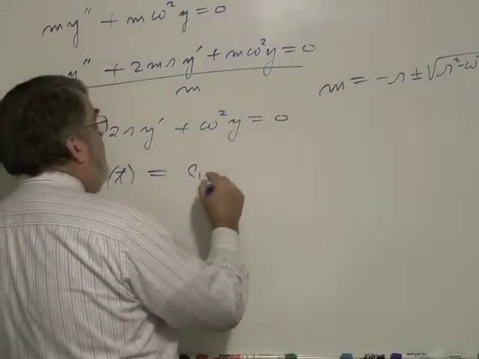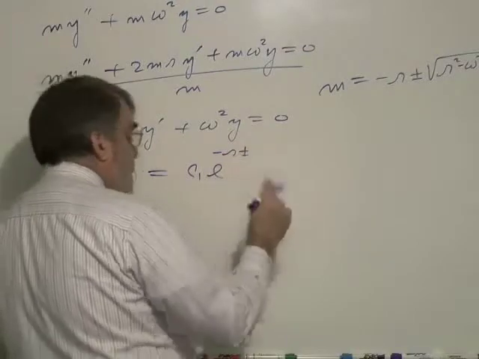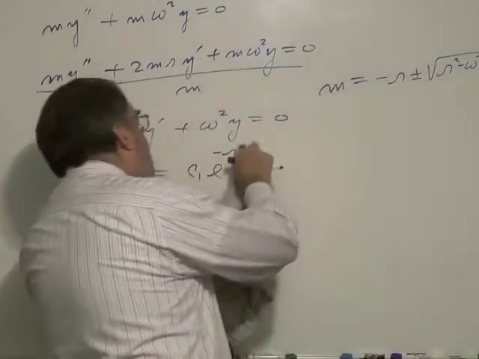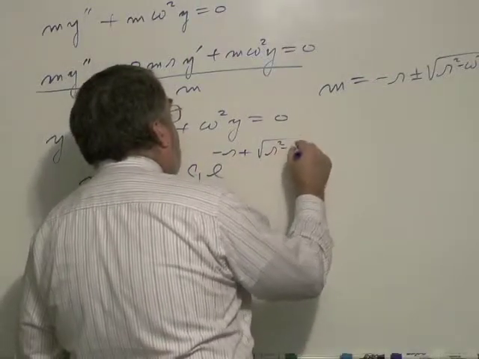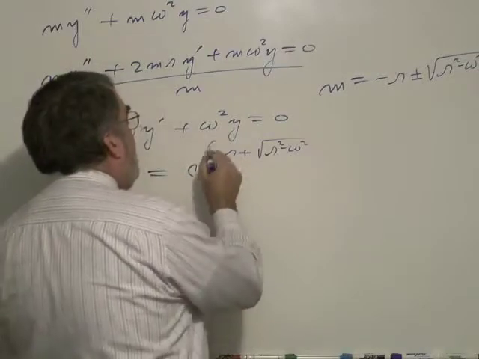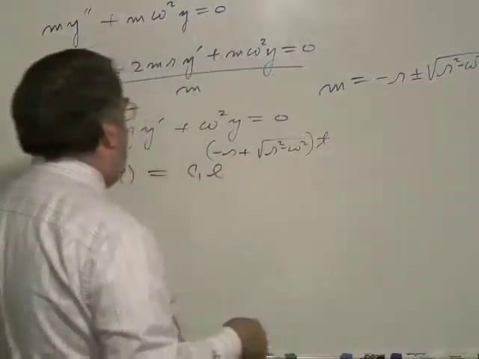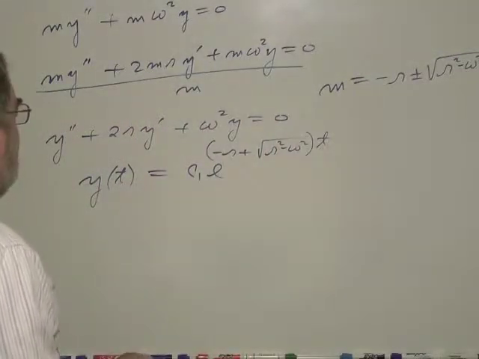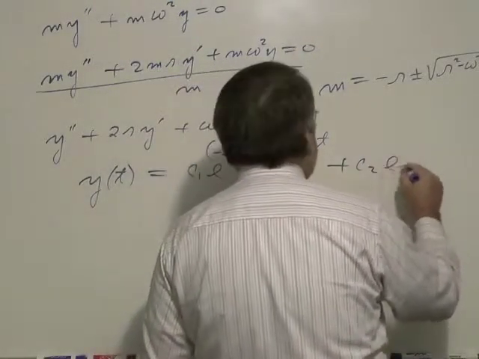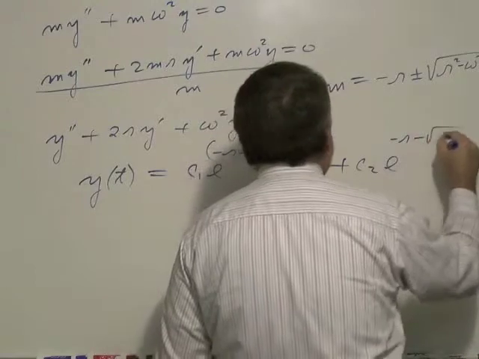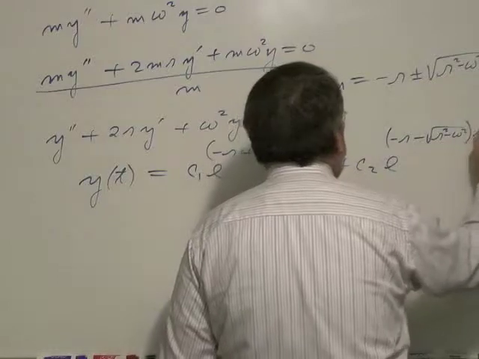So c1 times e to the first root, which I'll write as minus r, not plus or minus, but just plus, minus r plus square root of r squared minus omega squared, and times t. That's why I forgot to write t. I was shooting this earlier and I didn't realize it till way too late. And then plus another constant, c2 times e to the minus r minus the square root of r squared minus omega squared, all multiplying t.